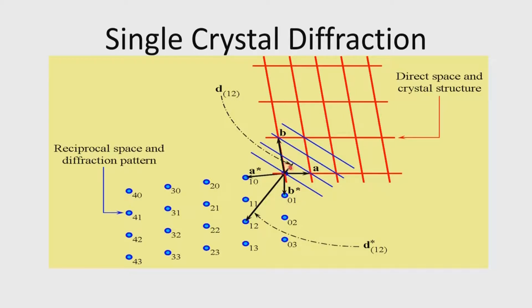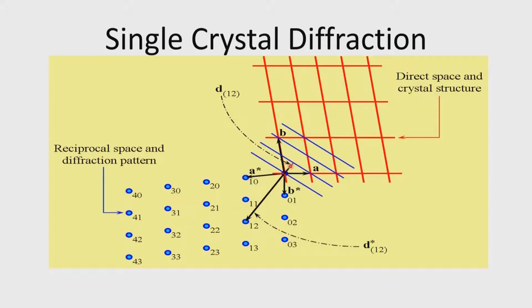This is now the angle gamma, and therefore, this will be gamma star to define the 0 1 and the 1 0. So, the reciprocal lattice points are now represented as 1 0 and 0 1 with respect to the reciprocal lattice, and this angle gamma star is 180 minus gamma, where gamma is this angle.